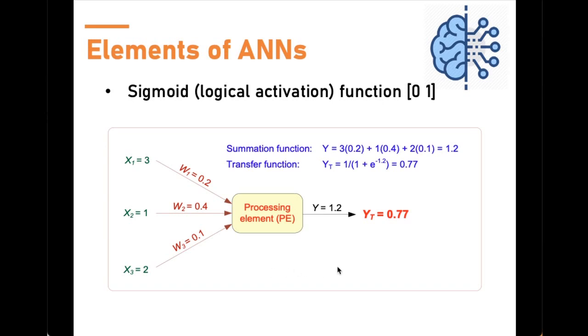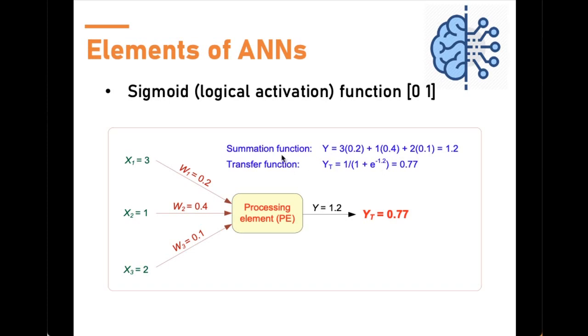Okay, so here in this slide, we see a single neuron, and this neuron receives 3 inputs. Those inputs are represented by numerical values, and each input has an importance, a weight. When we multiply the input by its weight and then sum all of those products, we calculate the summation function, right? And this is what we did here.